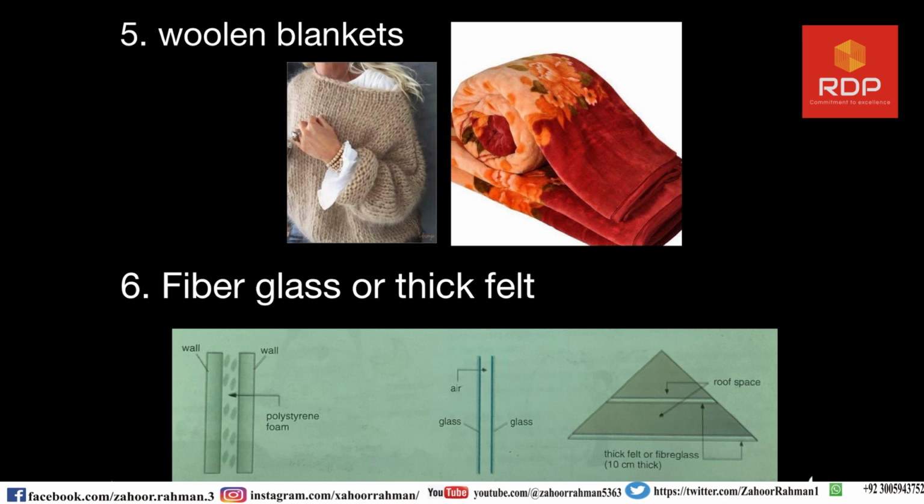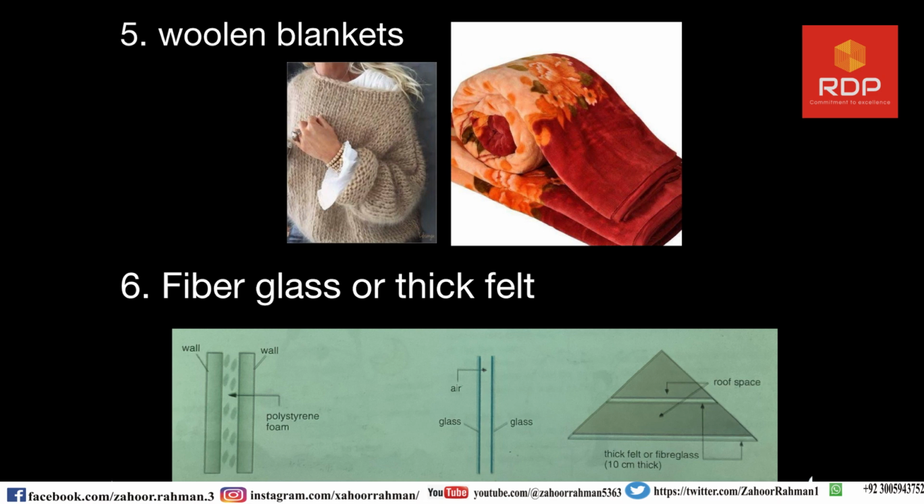That is why we are using clothes to trap that air. And because these clothes and blankets are good insulators and bad conductors, we are using them for warming our bodies in winters.